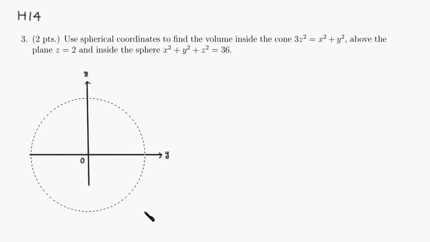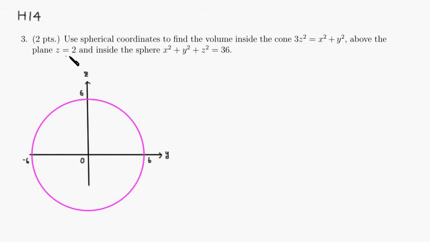Something like that. So it's 6 here, negative 6 there, and 6 there. So it's going to be inside this circle.